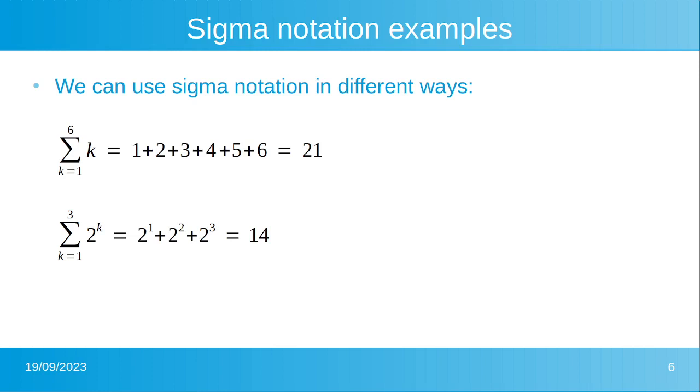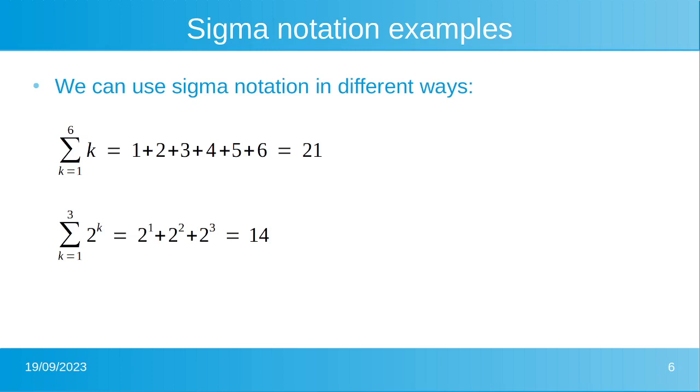Here in our second example underneath, we've got the sum from k is equal to 1 to k is equal to 3. And this time, we're summing 2 to the power of k. So we start with k is equal to 1, and we have 2 to the power of 1. We increment our index by 1, and we have k is equal to 2, so we have 2 to the power of 2, and so on to 2 to the power of 3.